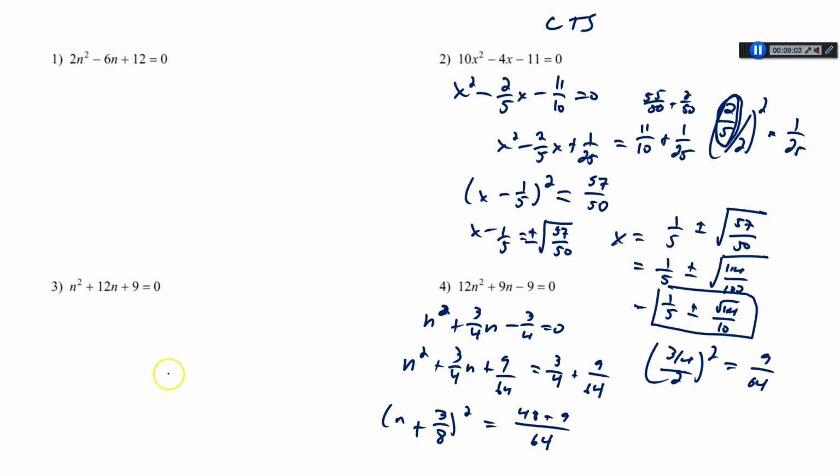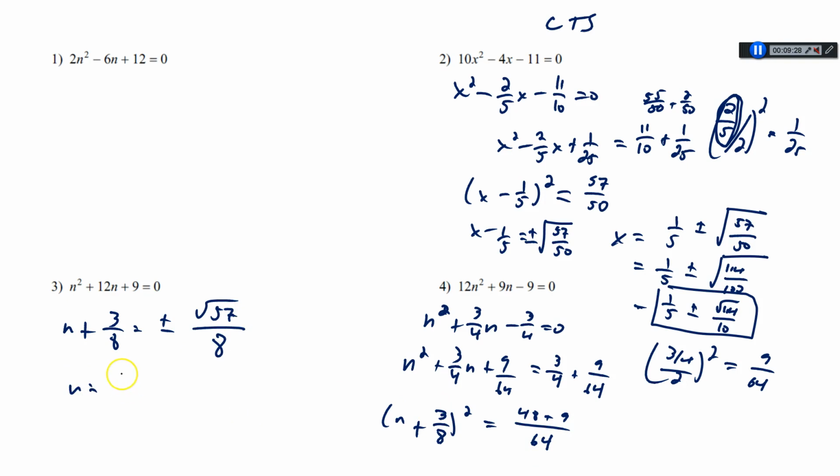All right. I'll use some space over here to finish this out. So if we take the square root, 48 plus 9 is 57. Again, man, we really like using that 57 number, don't we? So we have n plus 3/8 equal to plus or minus, remember, because we take the square root, the square root of 57 over 8, because the square root of 64 is 8.